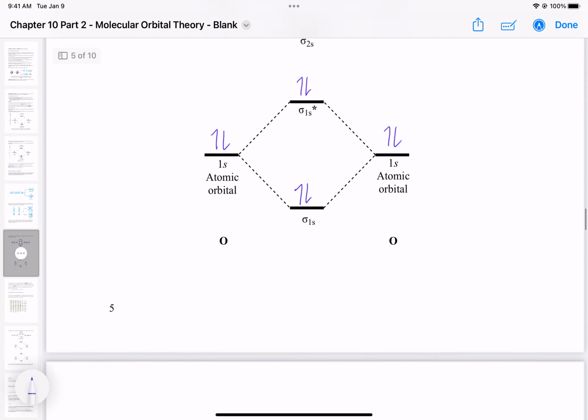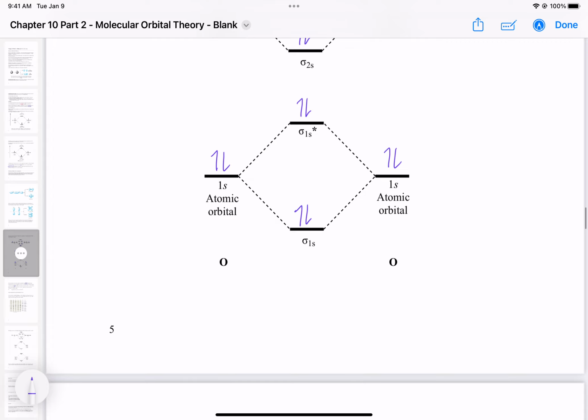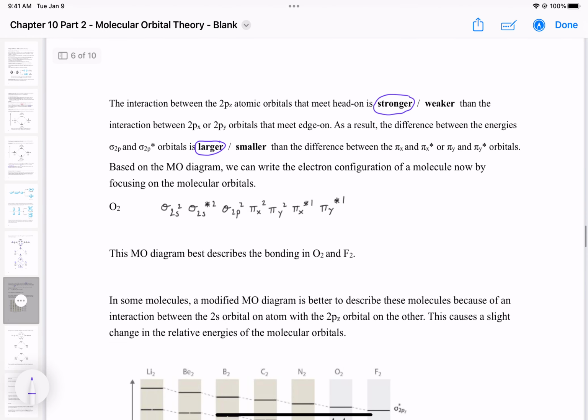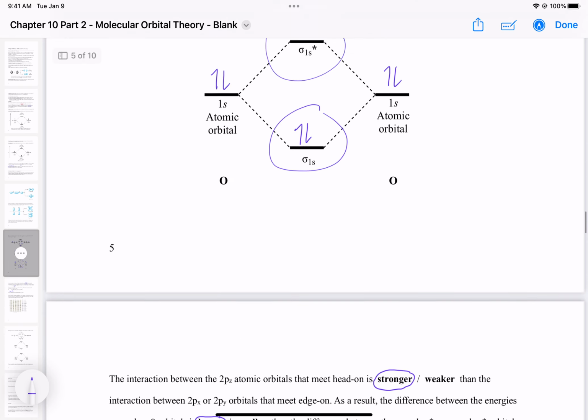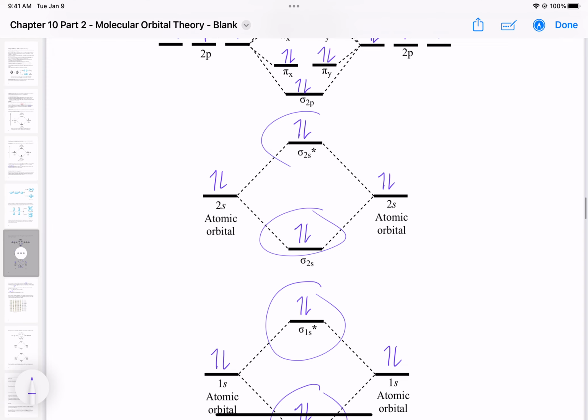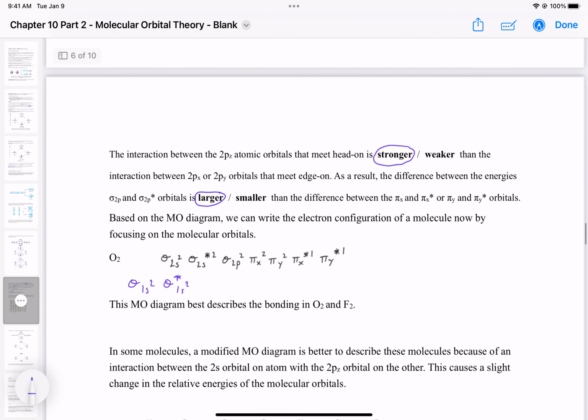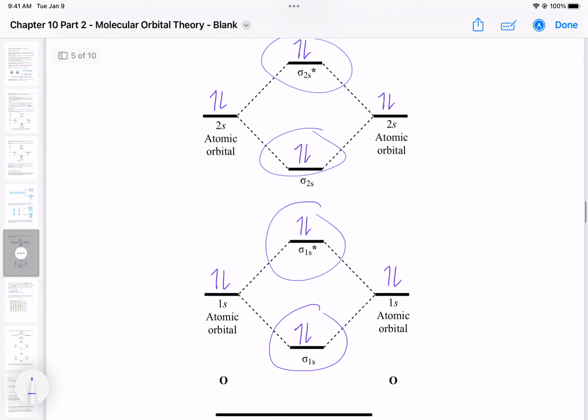Let's just redo it. So let's look at our diagram. We have 2 electrons in the 1s and 2 electrons in the 1s star. So we're going to write sigma 1s squared, sigma star 1s squared, okay? And then we go back up to here. We have the 2s and 2s star. So we're going to write sigma 2s squared, sigma star 2s squared. Okay. And then we keep going.